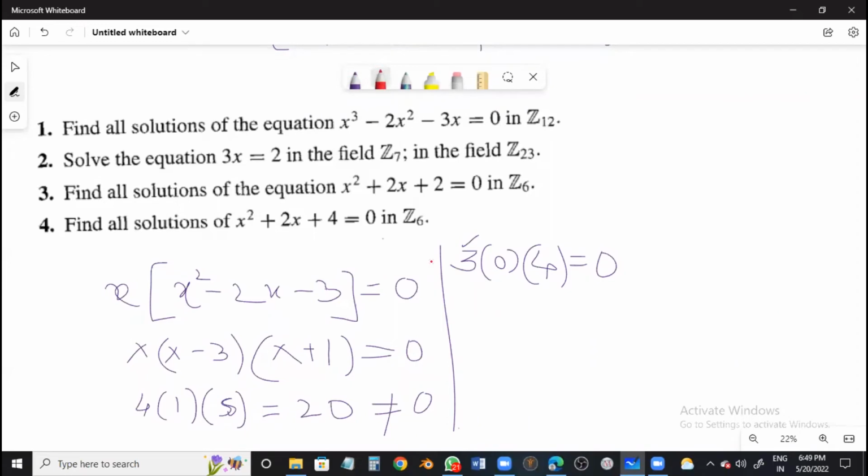Same way, if you take x equal to 11, what will happen? 11 into 11 minus 3 into 11 plus 1.